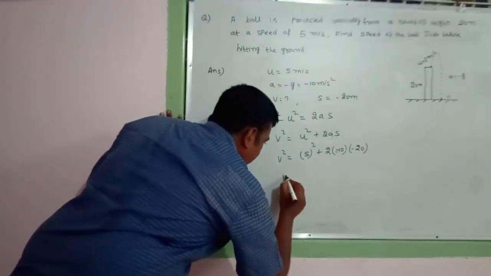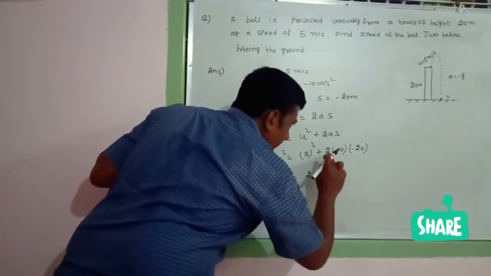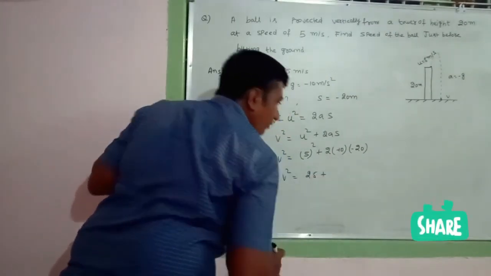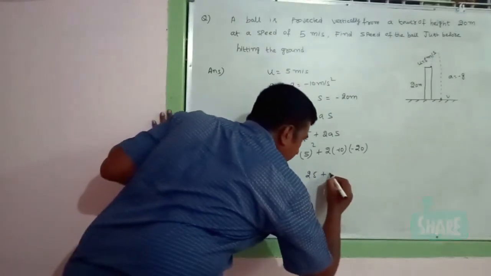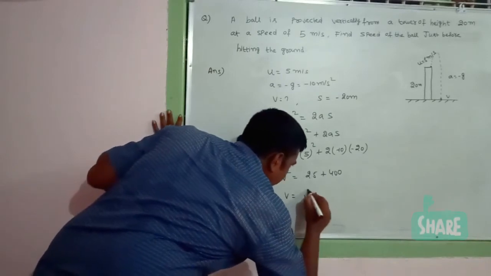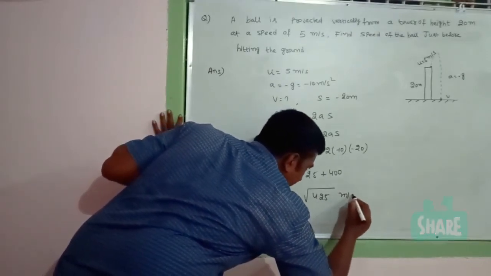So v square is equal to 25 plus 20 into 20, which is 400, because minus into minus is plus, so 425. v is equal to root of 425 meters per second.